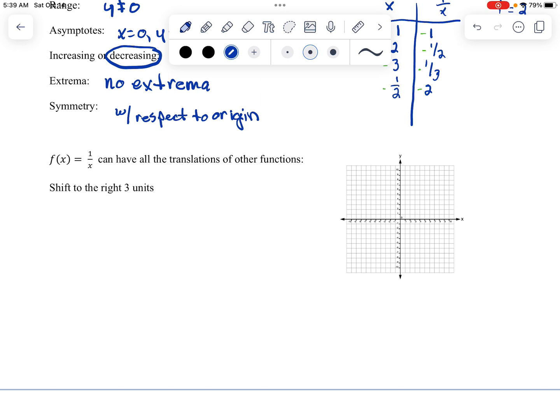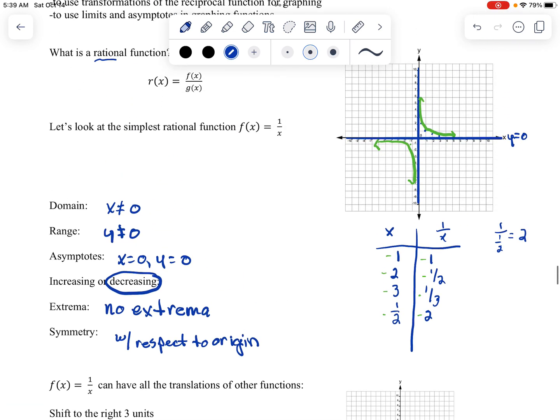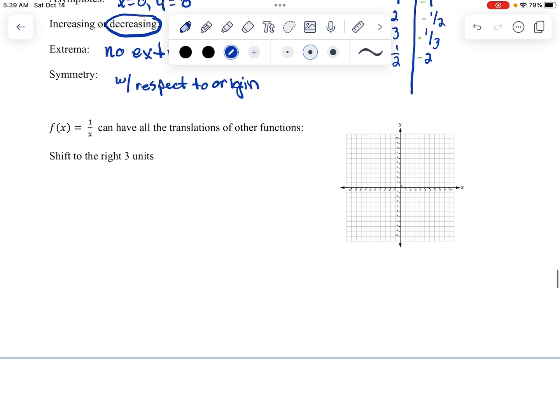And how do we do that with a rational function? Well, keep in mind the asymptotes. When you want to graph a reciprocal function, do the translations on your asymptotes first. So what if we want to shift to the right 3 units?